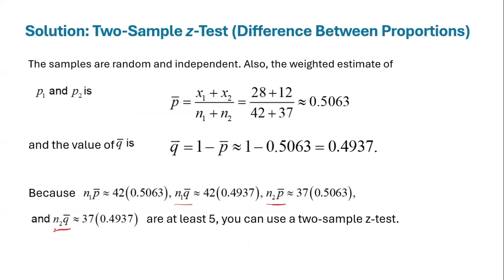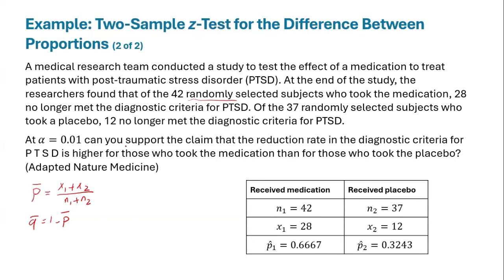Now that we made sure the problem meets all the requirements, we can start writing the null and alternative hypotheses and following the other steps to complete the full hypothesis test. To write the null and alternative hypotheses, I need to look at the claim.